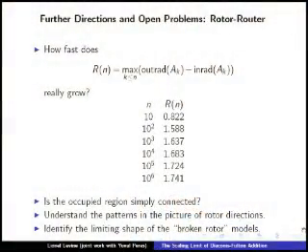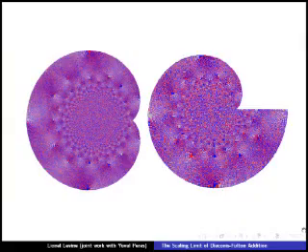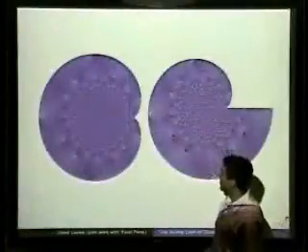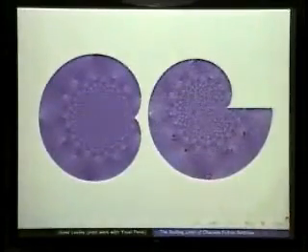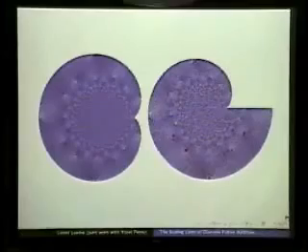And there's certain modifications of the model which produce some more interesting shapes. So this picture on the left comes from taking all the rotors in this half-axis here, and instead of behaving normally, they always reflect.